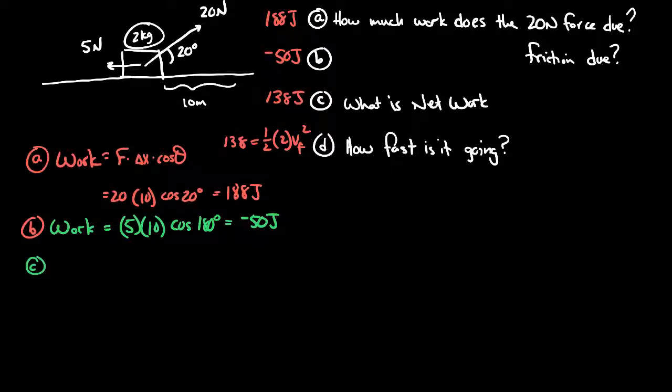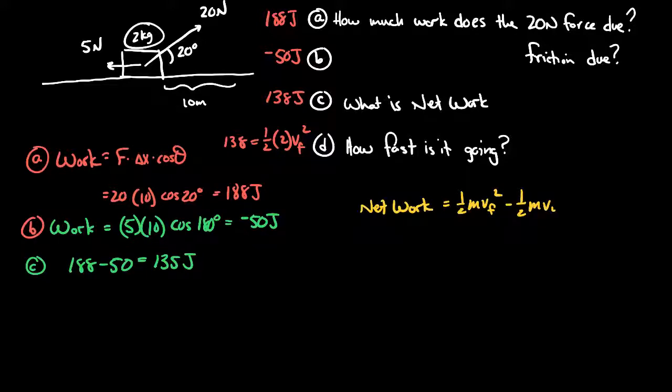C, the net work is just the sum. 188 minus 50. So 138 joules. And then lastly, the work energy theorem is net work equals 1/2 m v final squared minus 1/2 m v initial squared. So for net work, that's going to be the 138 joules equals 1/2 times 2 times v final squared minus 0.